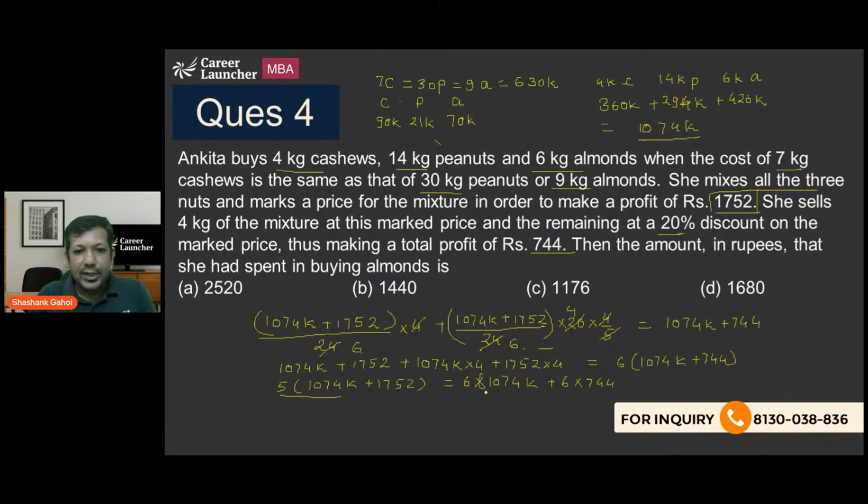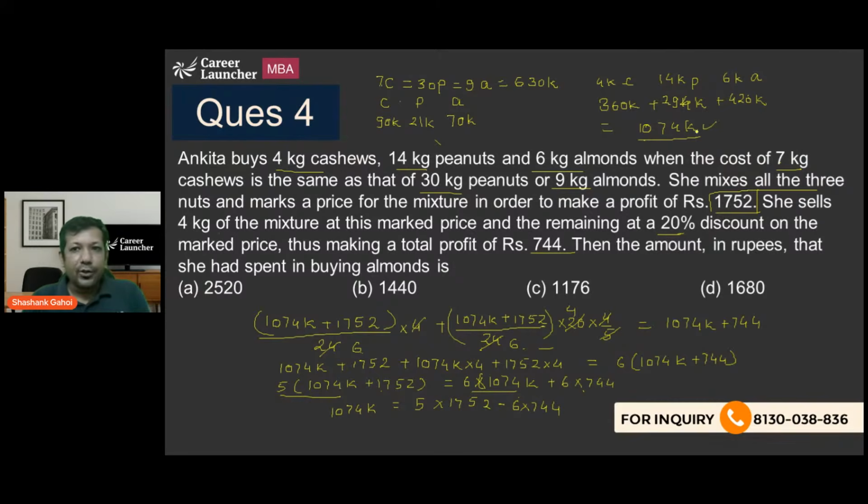Take this to this side and this to this side. So I'm going to get 1074k equal to 1/5 times 1752 minus 6 times 744. Now you got the answer, right? By this, you are definitely going to get the value of k.